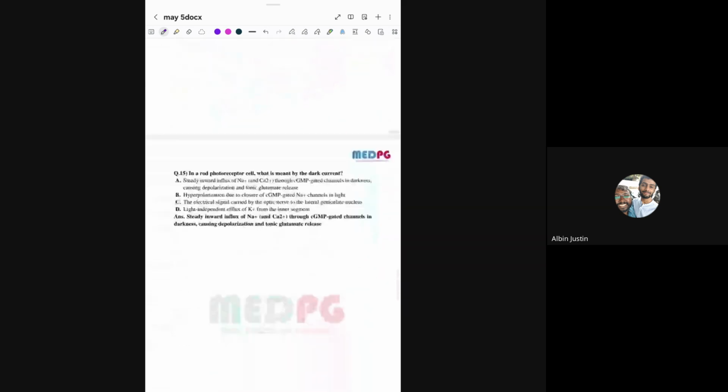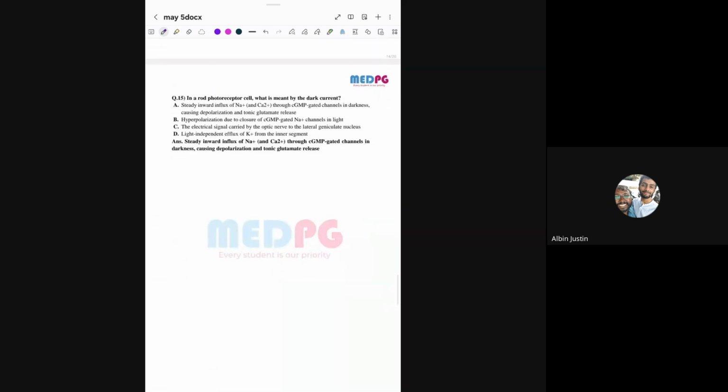Okay, now question number 15. So they are asking, in a rod photoreceptor cell, what is meant by dark current? Dark current is what happens in the absence of light.